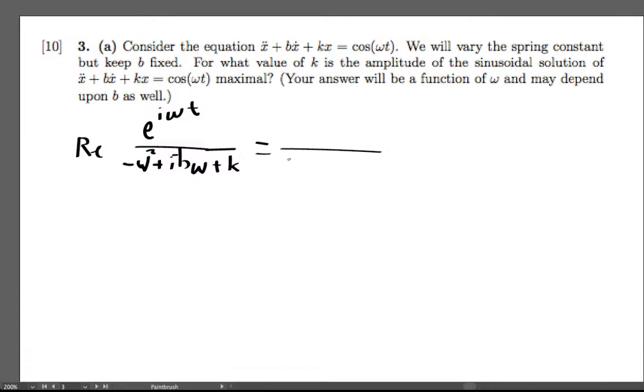You know what? I should go ahead and just write this down. k minus omega squared, you square this again, and add this up with b omega squared.